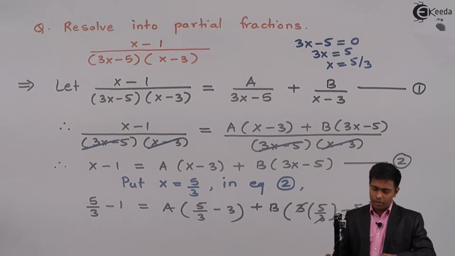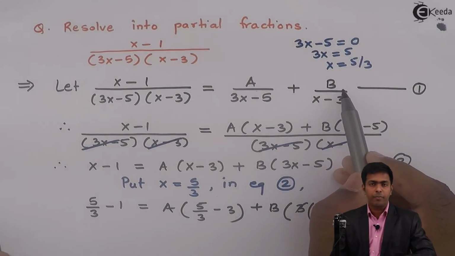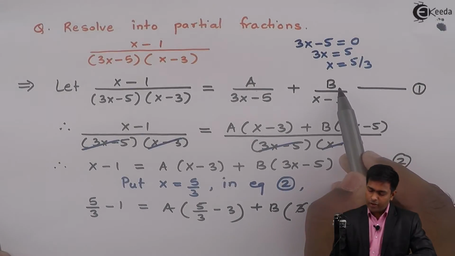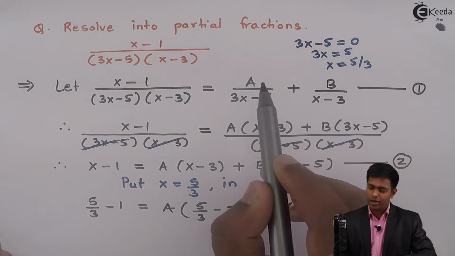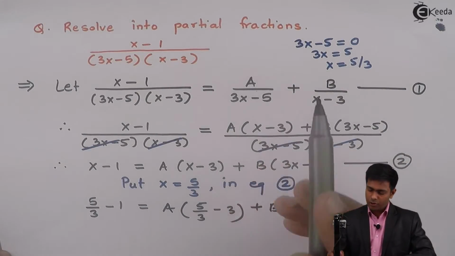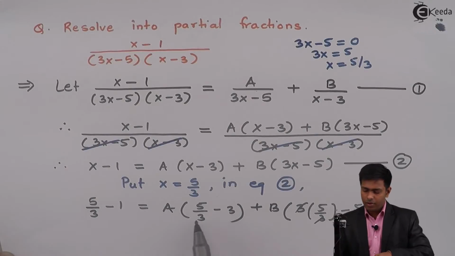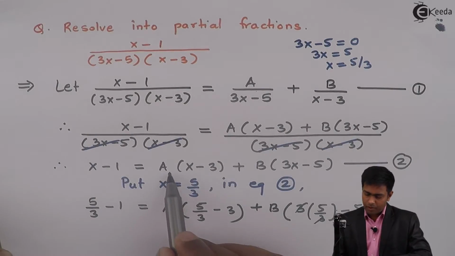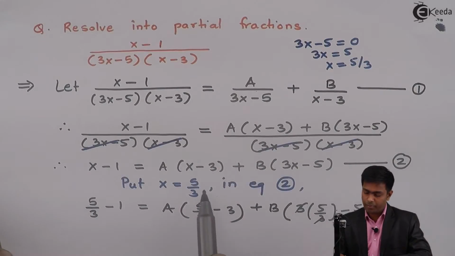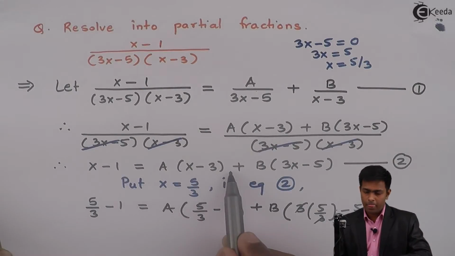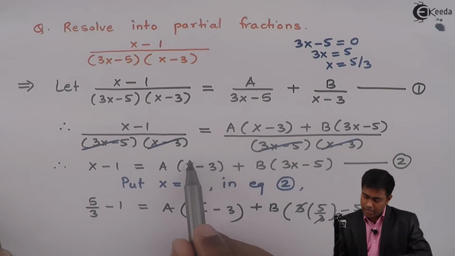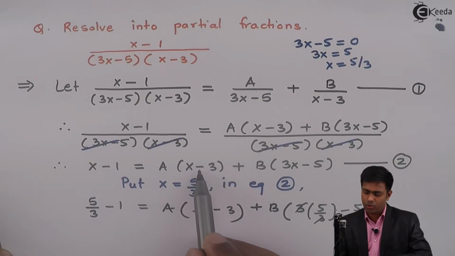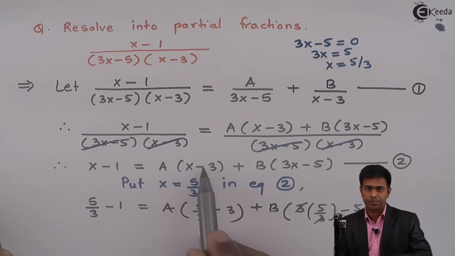Now similarly, to get the value of B, we will try to make the A term 0. In equation number 2, to make this term 0, we have to make this bracket 0, so that 0 into A becomes 0.